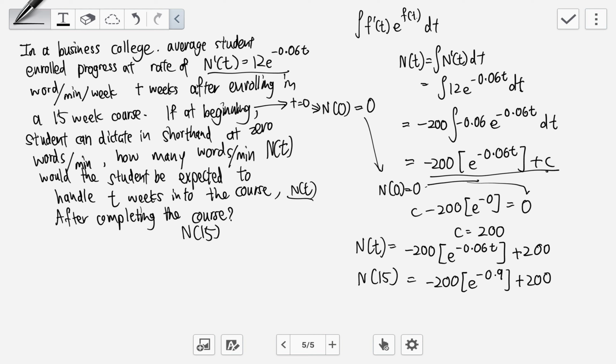So let's see what is the progress at the 15-week, minus 200 times exponential minus 0.9, then add another 200. That would be about 118 words.